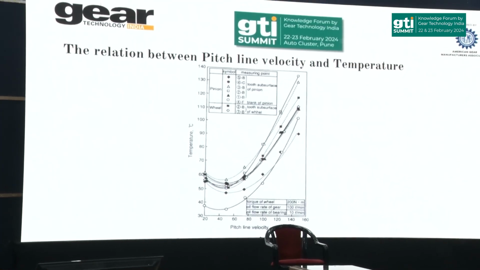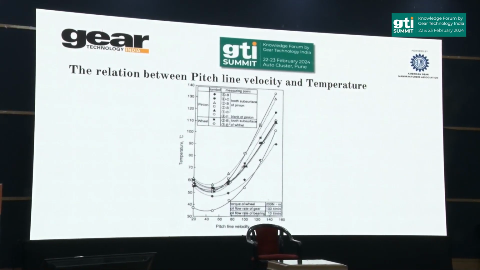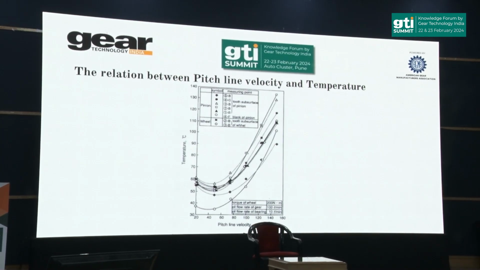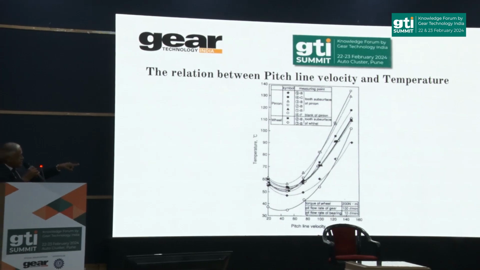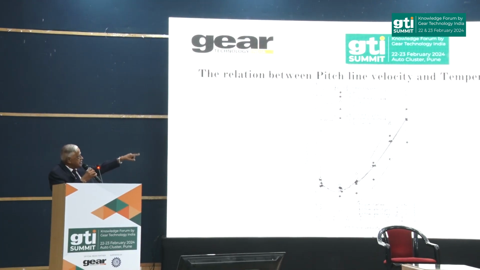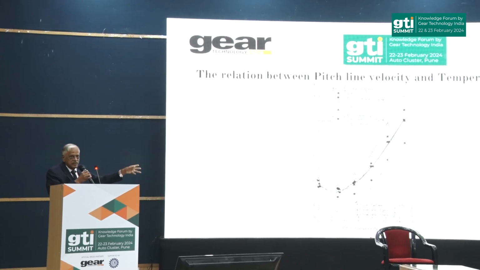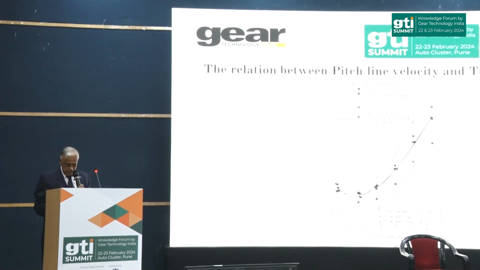This was found in 2001, but the fundamental is the same, they only change the value on that, but this is also parabolic. So you can see in this how the pitch line velocity rises to a particular temperature when different styles are shown. This is on the pinion, this is on the gear, and at which point and all those. So this is something which is considered together in the new standard.